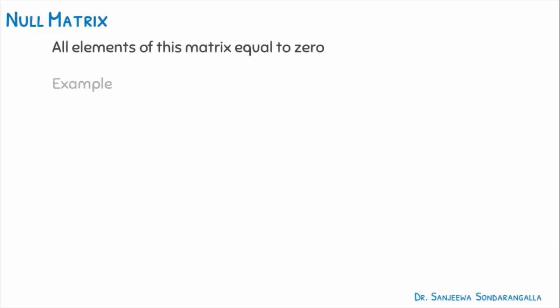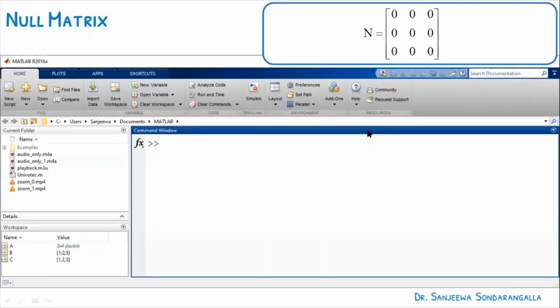Null matrix. All elements of a null matrix are equal to 0. Consider this 3 by 3 null matrix in MATLAB. To define a 3 by 3 null matrix, type N equal zeros within brackets 3, then enter.